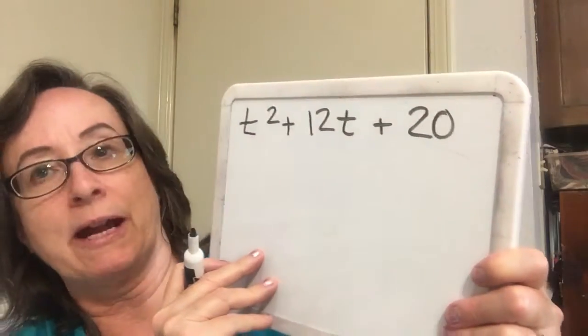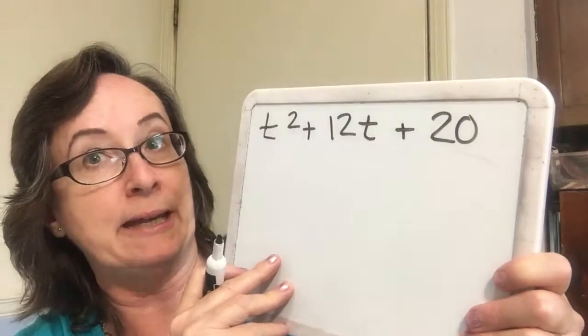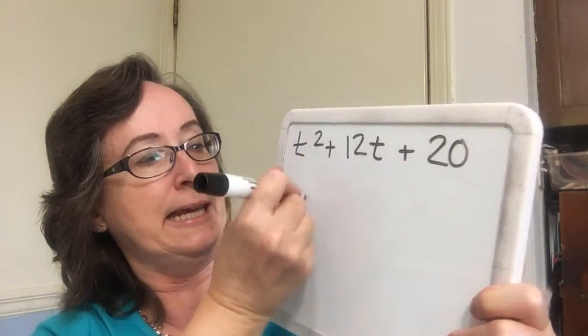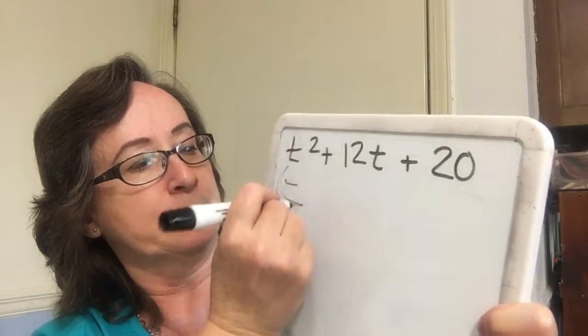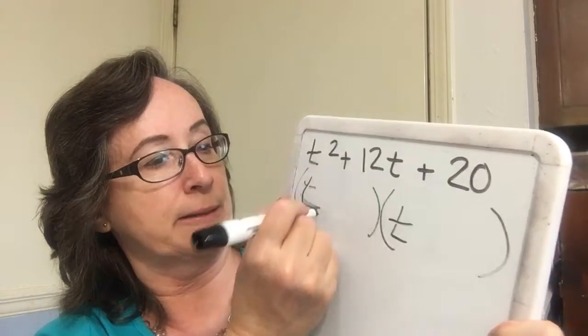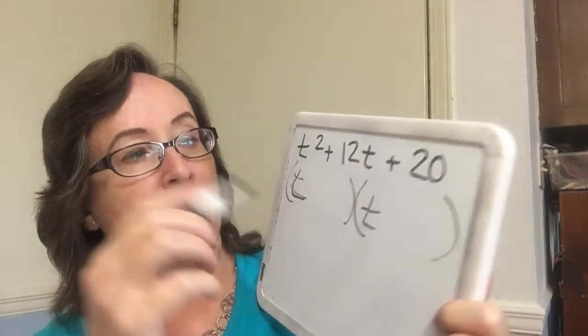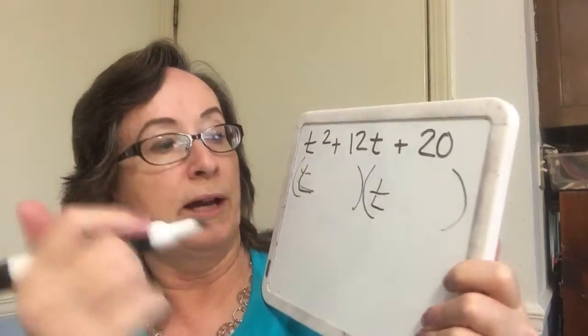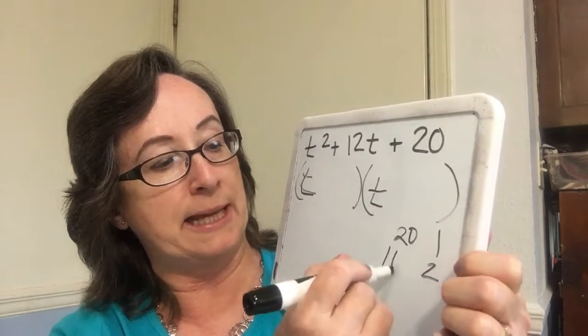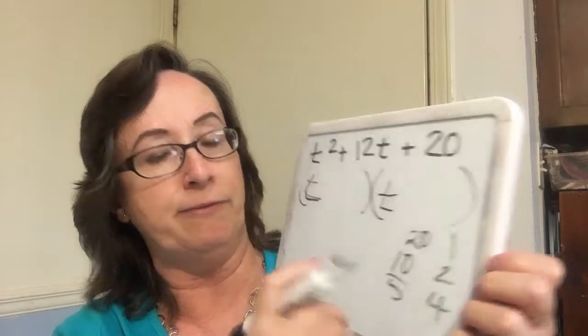And we're doing t squared plus 12t plus 20. All right, and again, let's do t and t, since I only have a t squared at the front. And then I've got 20, which could be 20 times 1, or 2 times 10, or 4 times 5.